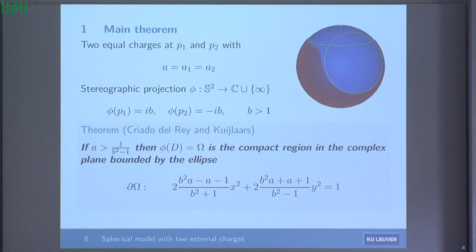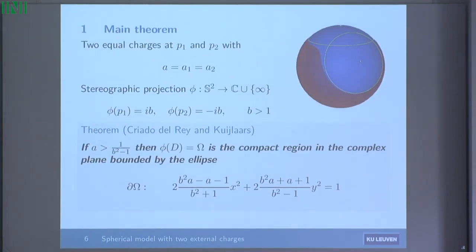Our result, with Juan, is that if this A is big enough, and there is a precise condition for that, then D is indeed this region here, the red one, where the particles accumulate in the large n limit. If we project that onto the plane, you get a region omega, which will be a compact region because the North Pole is outside, in the blue part.